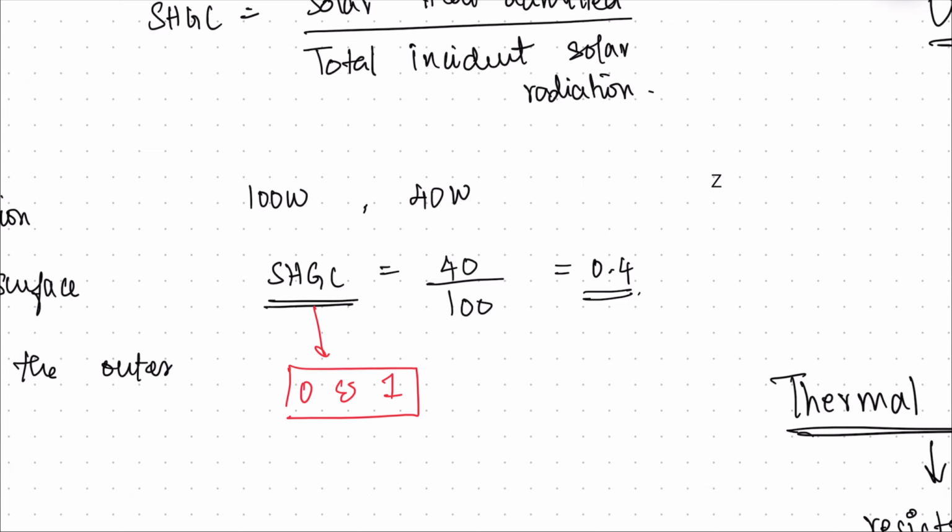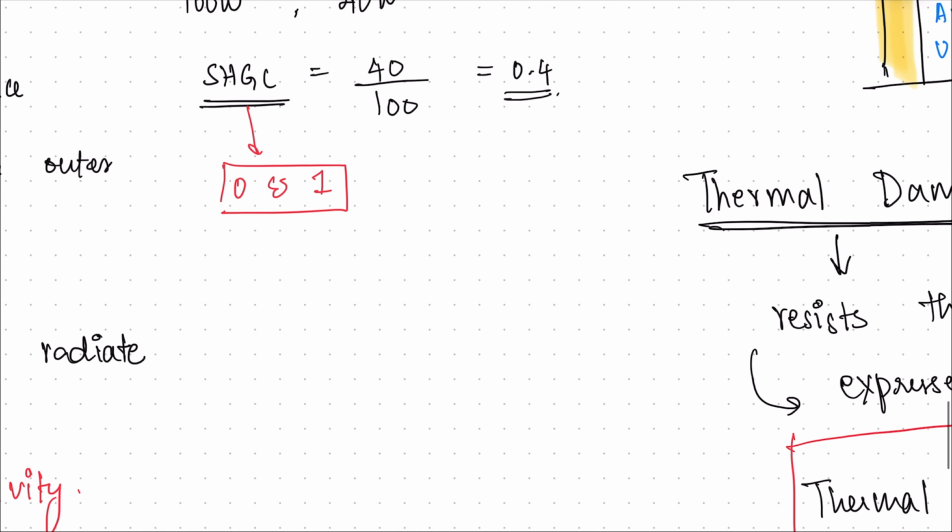Okay, with this thing that we know about, let's consider situations. Let's consider a building in a hot climate. Should the solar heat gain coefficient be higher? No, the solar heat gain coefficient should be lower so that the heat transmitted to the building is lesser. If your solar heat gain coefficient is low, then the solar heat gain transmittance is also low.